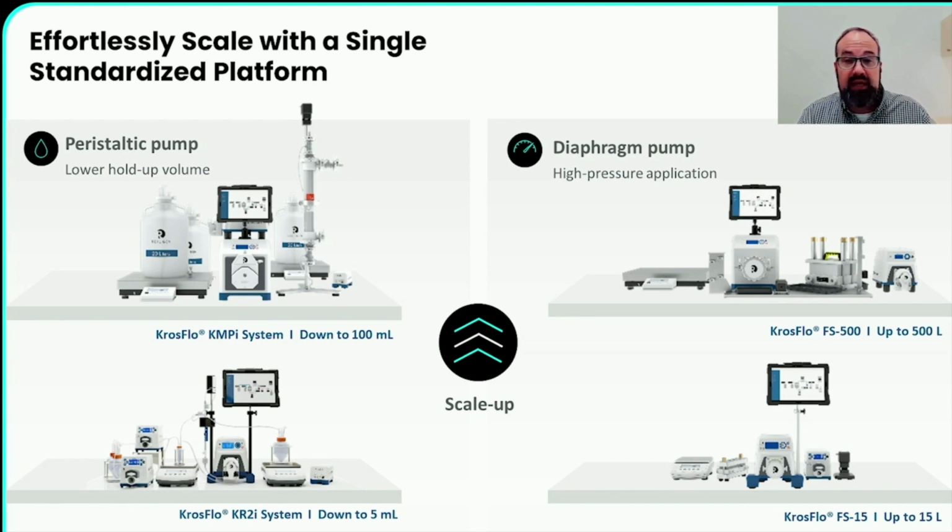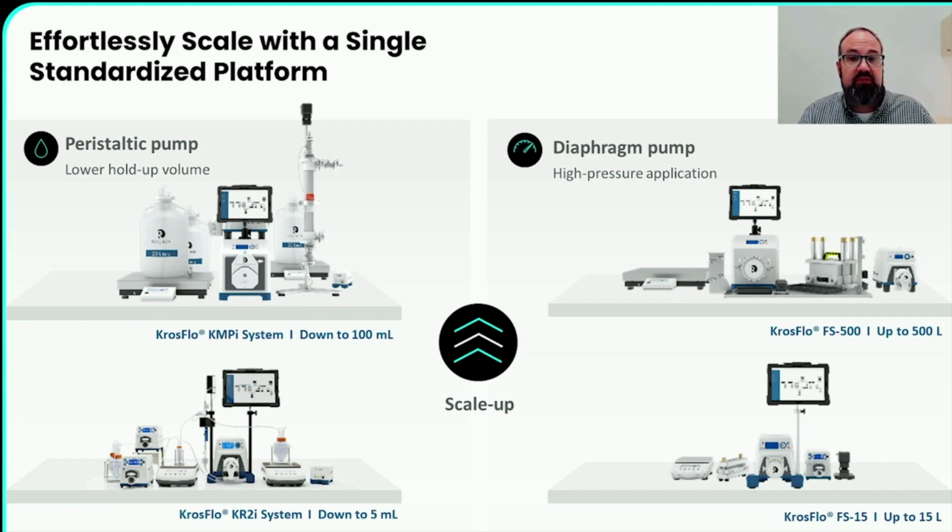The KR2i and KMPI can bring you from less than 5 milliliters to 500 liters or more within 2 systems. We also have an amazing line of diaphragm pump systems that allow for higher pressure applications, up to 4 bar. These are typically found within flat sheet, high viscosity processes.